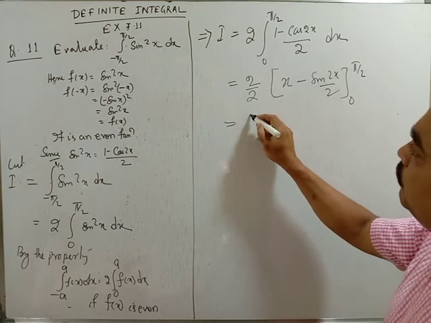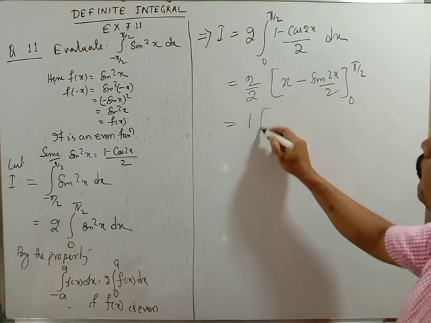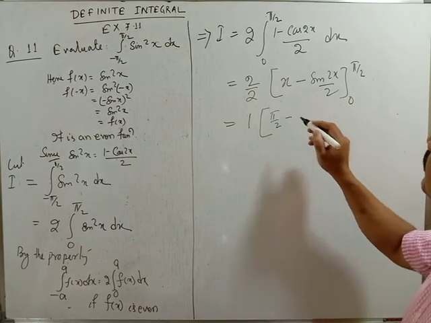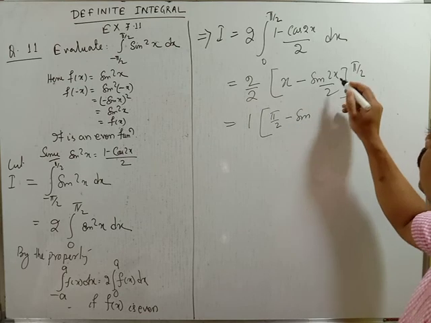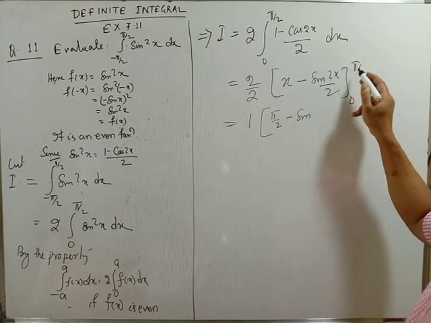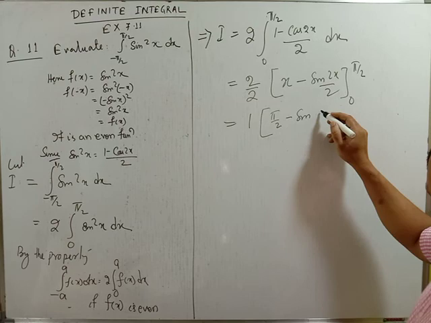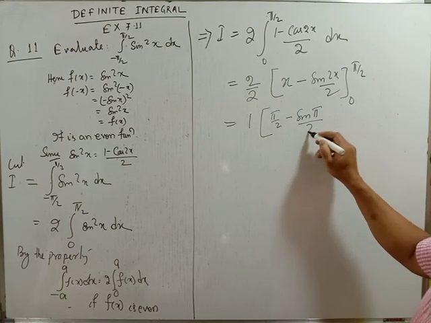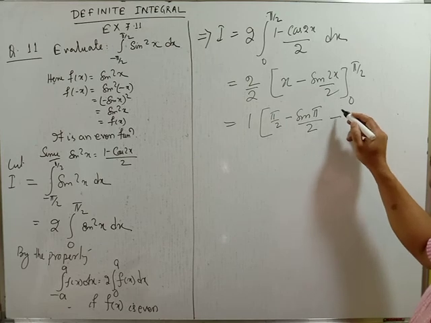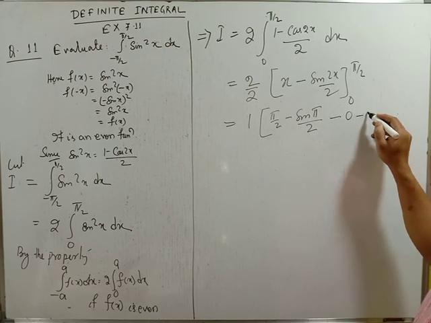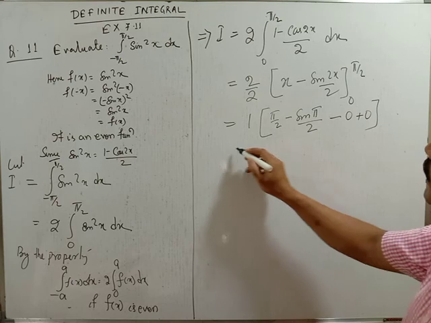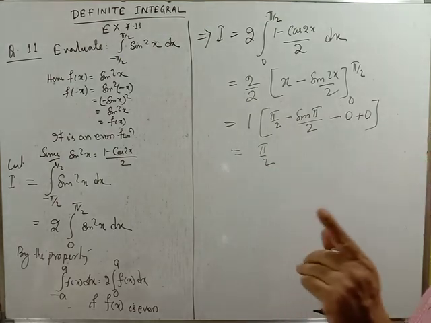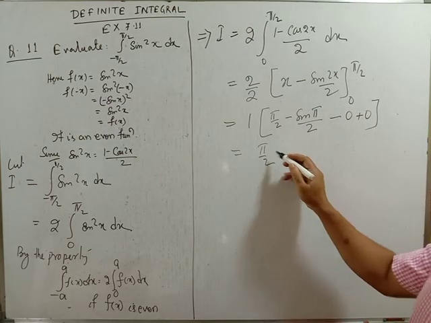This 2 by 2 is 1, and the upper limit is pi by 2 minus sin 2 into pi by 2, which is sin pi, by 2, minus 0 plus 0. Now this reduces to pi by 2, since sin pi is 0, so only pi by 2 will be there.